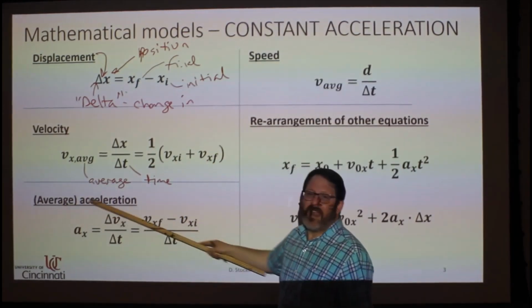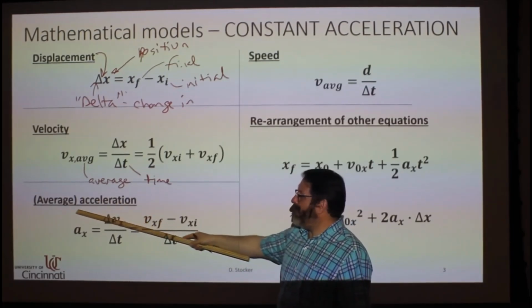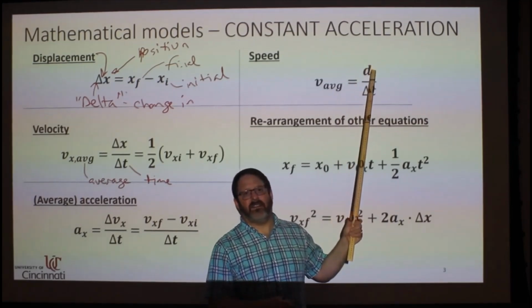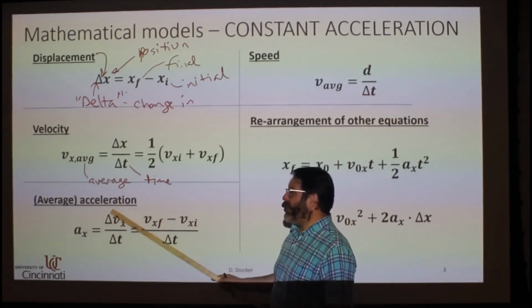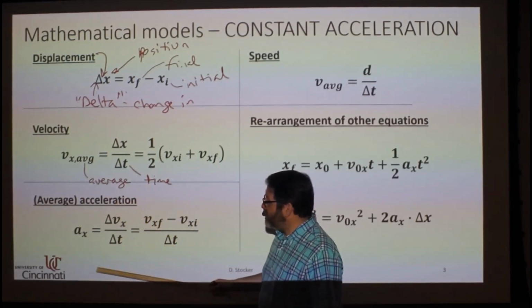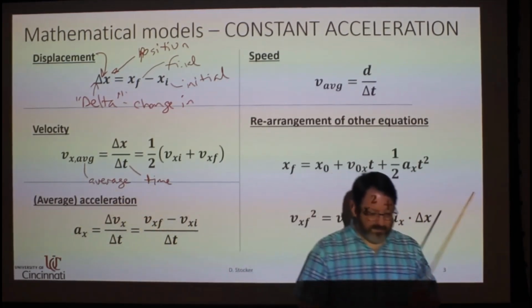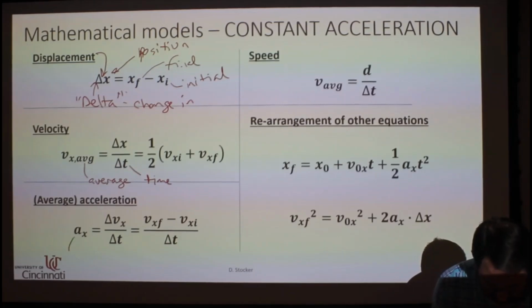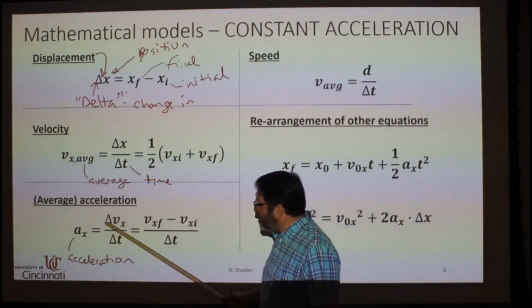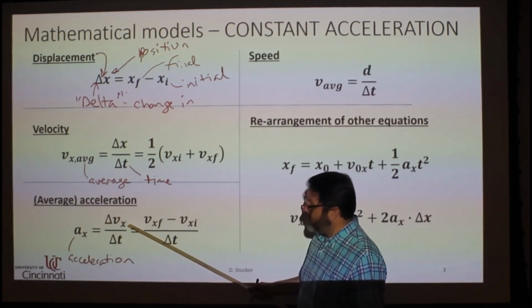Acceleration, again, I've said average acceleration, but I put average in parentheses because if acceleration is constant, then the acceleration at all times will have to be the average acceleration. So acceleration a is change in velocity in the x direction.